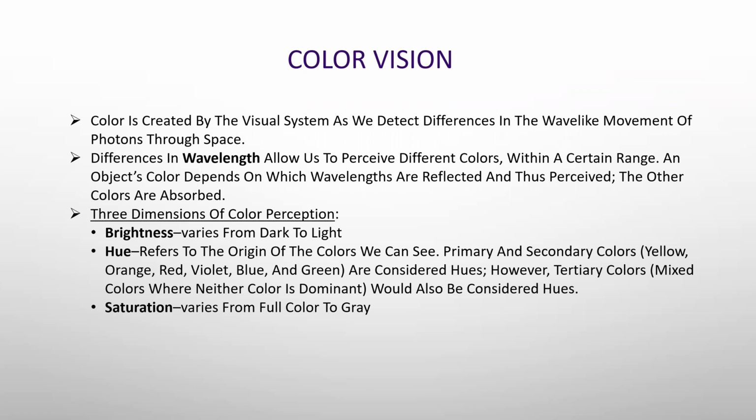First, brightness varies from dark to light, and we discussed that. Hue refers to the origin of the colors we can see. So primary and secondary colors, for instance, yellow, orange, red, violet, blue, and green, are considered hues. However, tertiary colors, which are mixed colors, where neither color is dominant, would also be considered a hue. So we haven't talked about hue and saturation yet, okay? Only in the aspect of color vision do we bring these up. And then saturation varies from full color to gray.